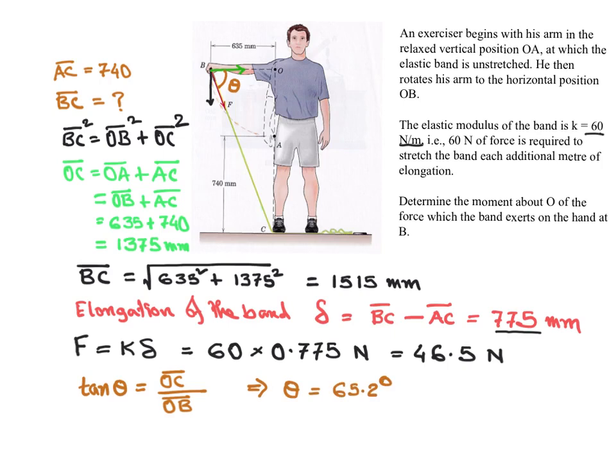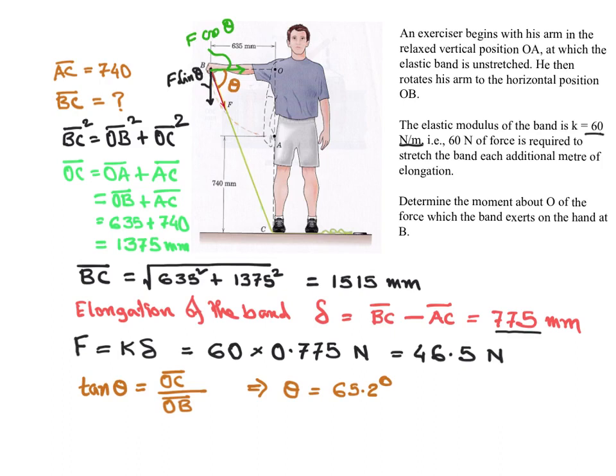So if this force is F, the component in the horizontal direction would be F cosine theta, and the component in the vertical direction would be F sine theta.